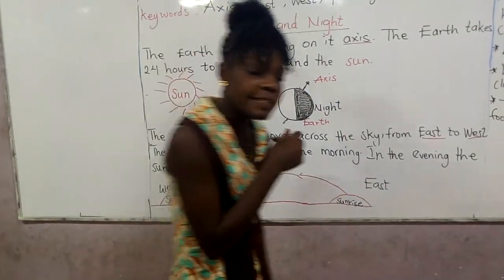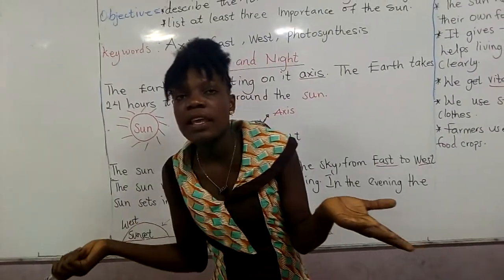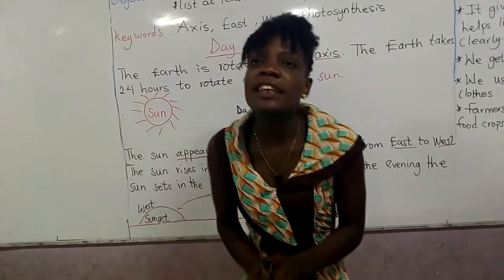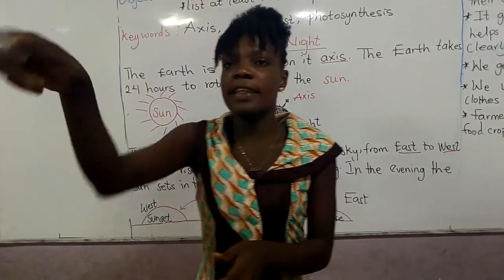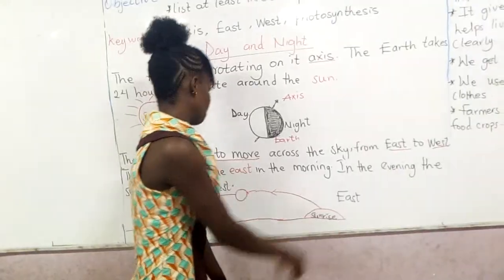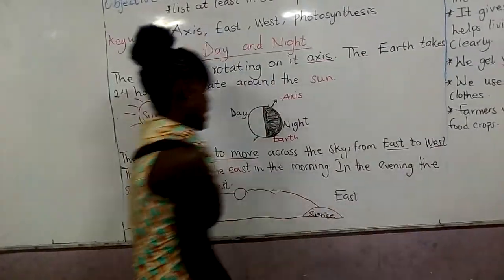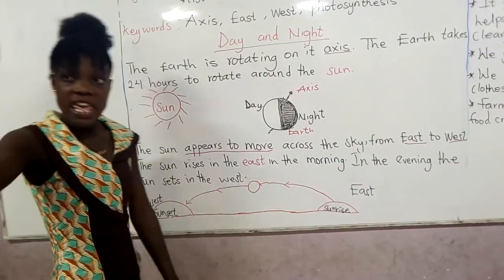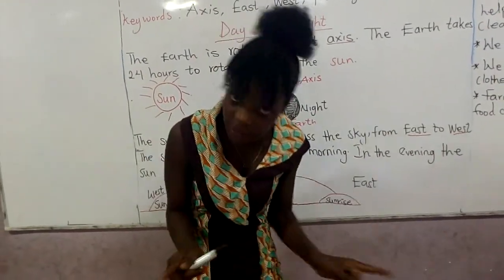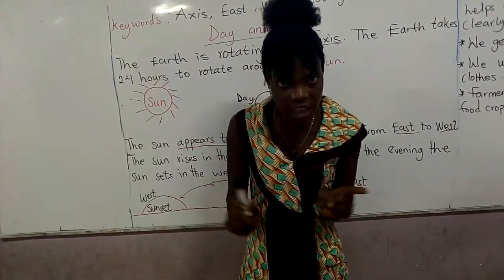It rises in the east and it moves all the way, and during midday you see that the sun stops on top of your head, and then it continues to move again and gets to the west in the evening. So the sun rises in the east in the morning and sets in the west in the evening.